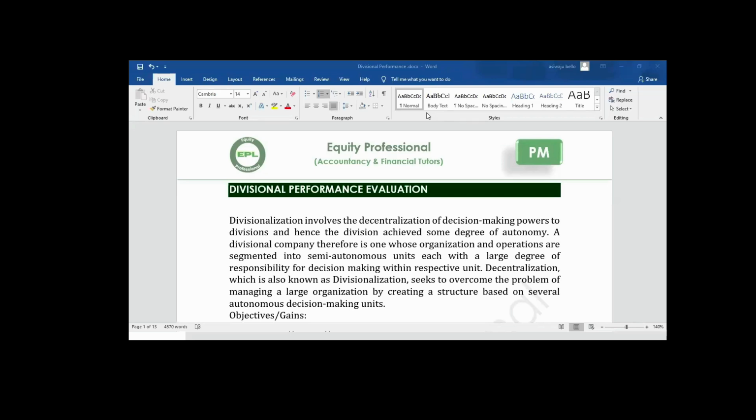Each unit is referred to as a division. Each unit achieves some level of independence. Each division can take decisions within its own organization, within its own division. That is the concept of divisional structure.